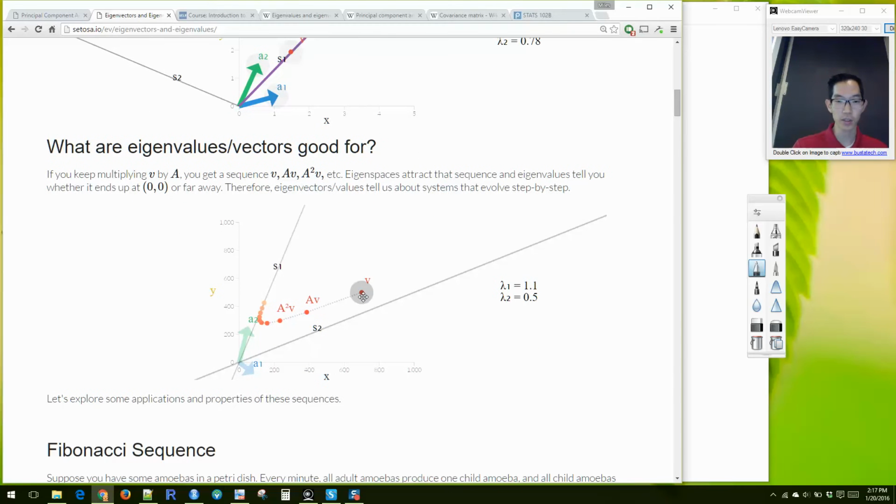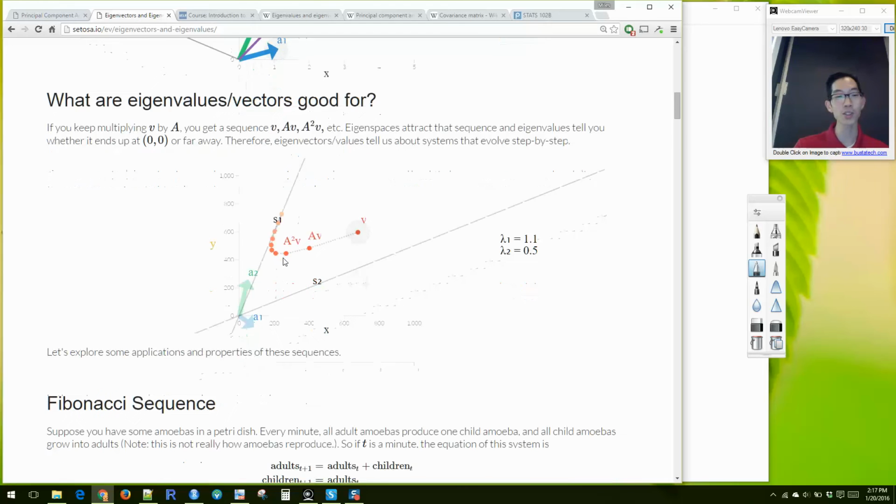So in our case, we start off at V, and every time we multiply by A times V, we end up towards this trajectory here. If we start right along here, we're essentially just multiplying by a series of scalars, but even if we're not along the eigenspace, continually multiplying by A, or exponents of A, causes the points to tend here.